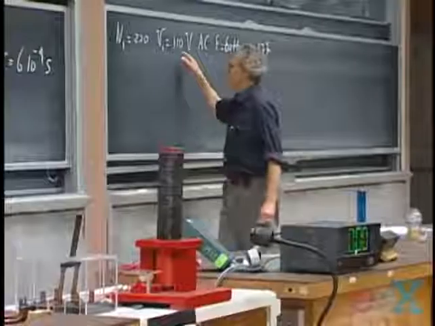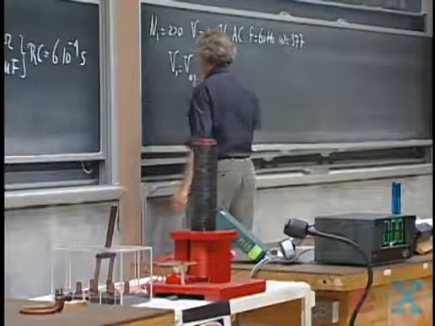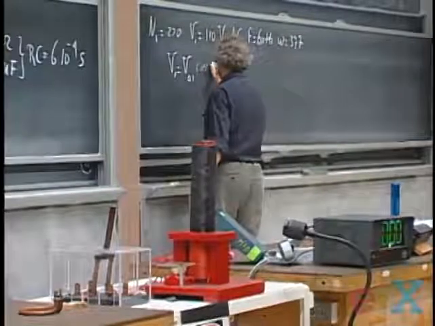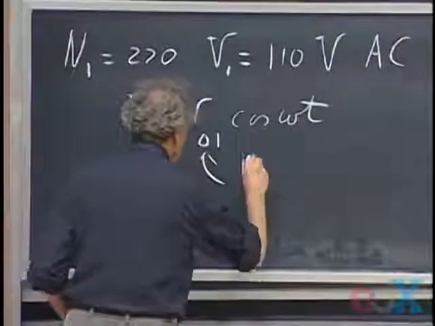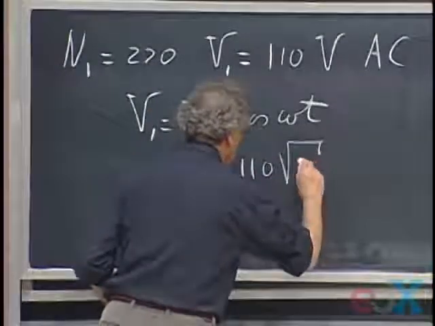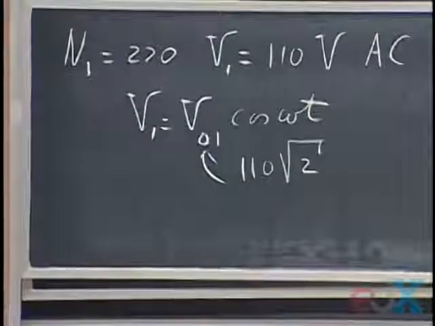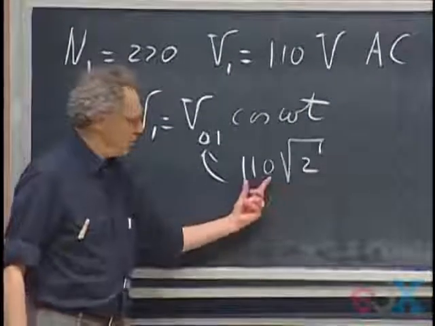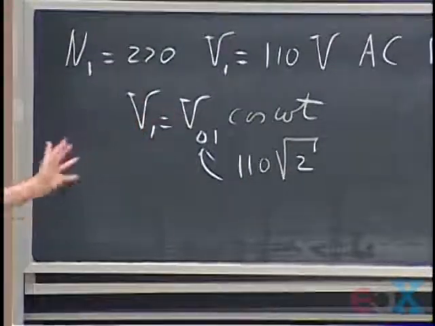If I give you the correct value for V1, it's really the maximum value for V1 times the cosine of omega t, and this value is really 110 times the square root of 2. I've mentioned that earlier in my lectures. The voltmeters, however, are designed in such a way that they only show you 110. And so we call that 110 volts.